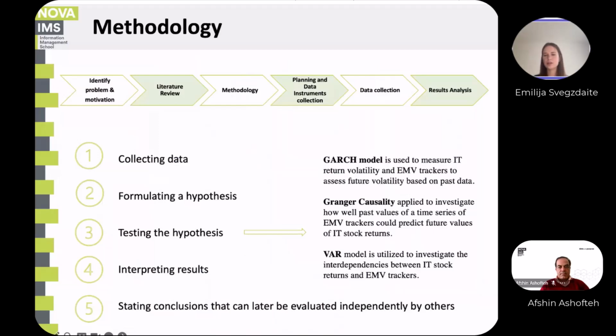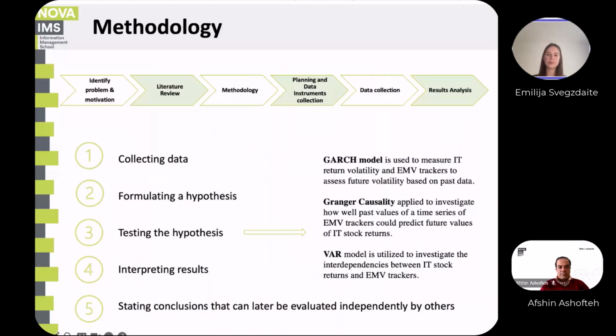In this thesis, the GARCH model was used to measure the volatility of IT returns, while EMV trackers are used to predict future volatility based on past data. With the Granger causality test, I checked how well past values of EMV trackers can forecast future IT stock returns, and the VAR model looks at the relationship between the IT stocks and the EMV trackers.